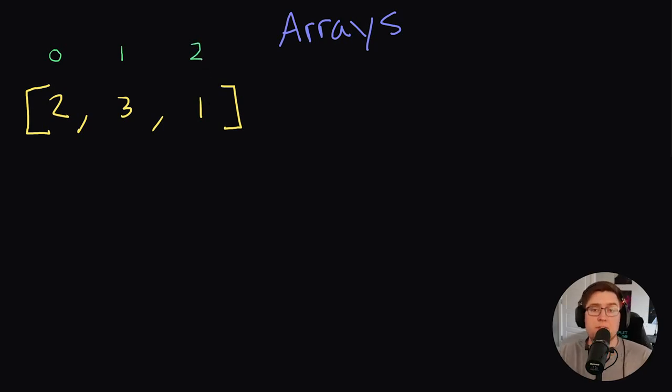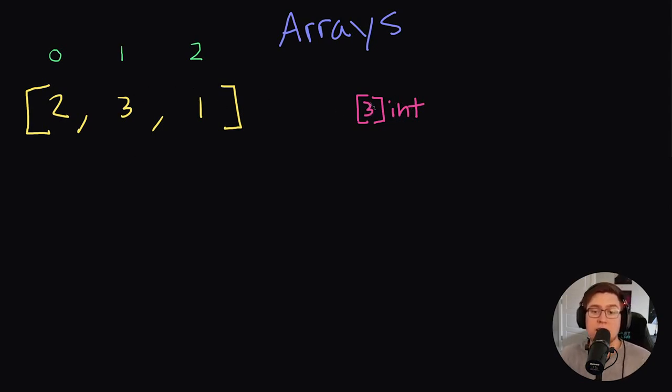Now, here's the big difference between arrays in Go and arrays in JavaScript or lists in Python. In Go, arrays have a fixed size. So the type of this array would be [3]int. Inside of the square brackets, we indicate the size of the array, and then after, we indicate the type of thing in the array.